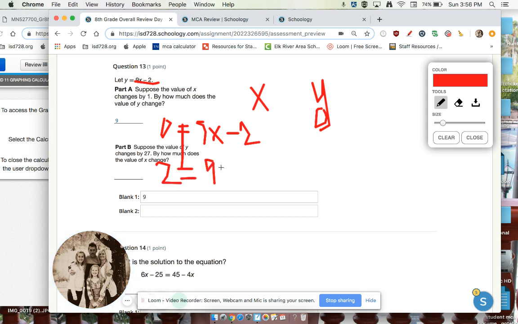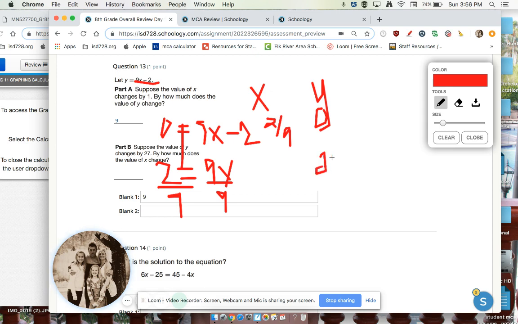So then you'd have to divide by 9. And now it's not 9 divided by 2, it would be 2 divided by 9. So my x is 2/9. Okay, so my next one, my y has to increase by 27.